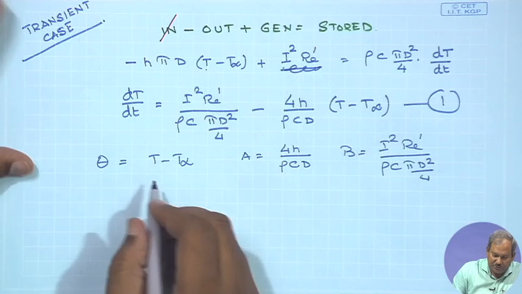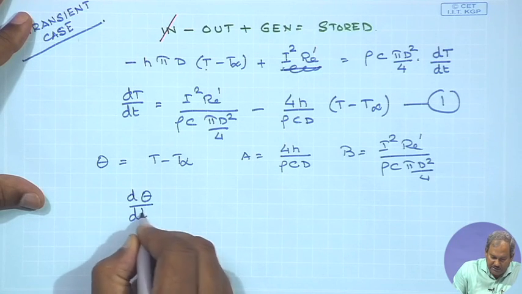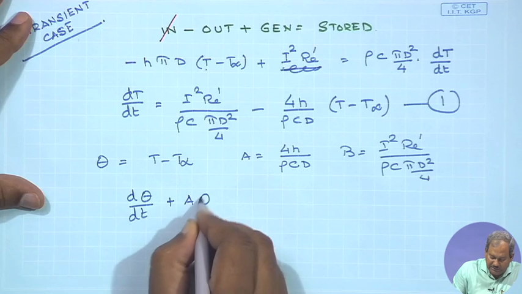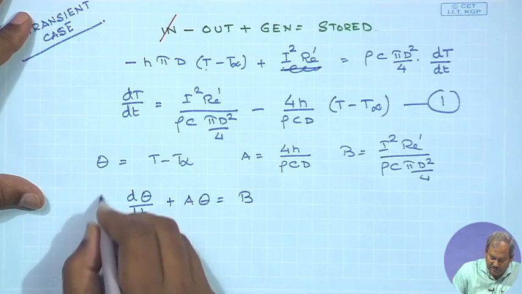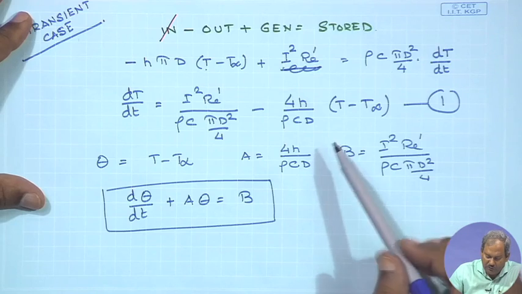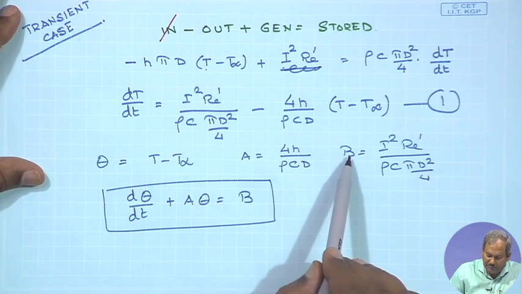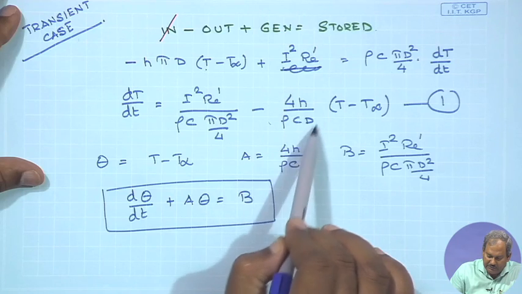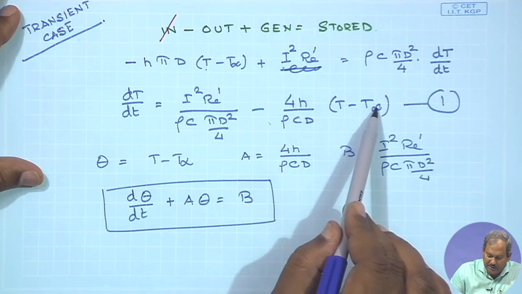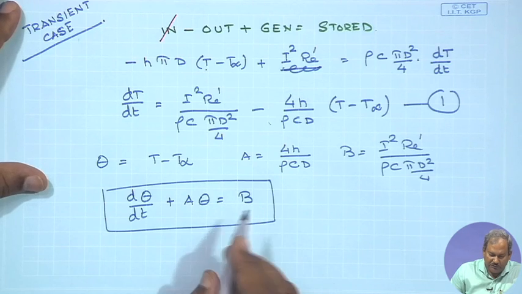Then this expression would simply be d theta by dt plus a theta is equal to b. So, this is the compact form of the governing equation, where this is b and this is a and T minus T infinity is theta. So, it is d theta dt plus a theta equals b.